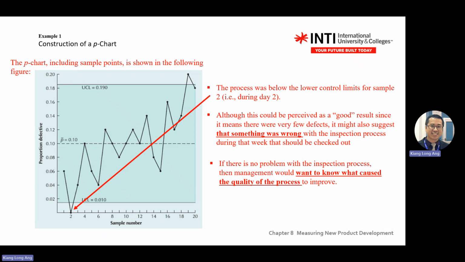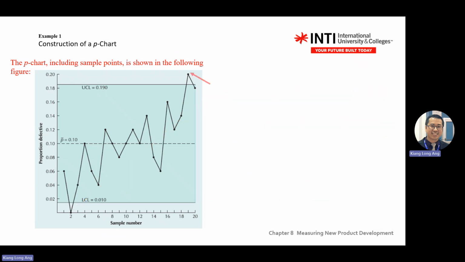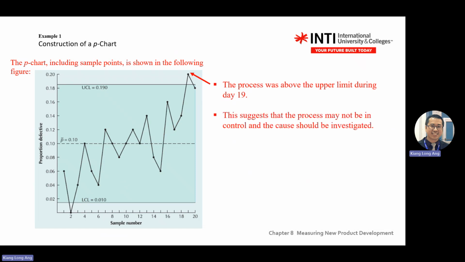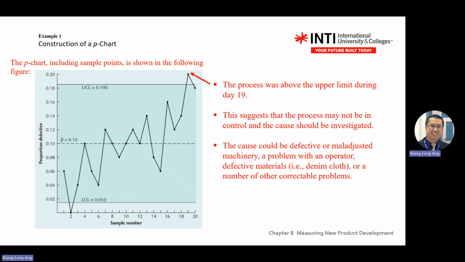Maybe on that day the operator was not in a good mood and just threw something into the process, and it went out. This point and this point need to be investigated, and so on.